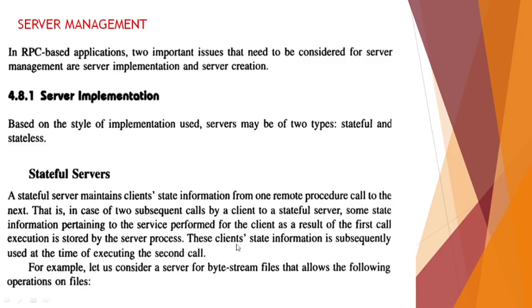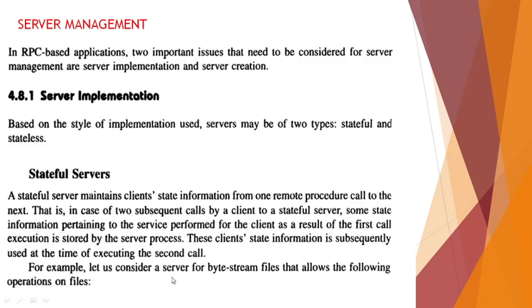Like that, it remembers the state information and it uses that state information for executing the second call. Then we need not test whether the client is authorized or not if it is remembering the state information.